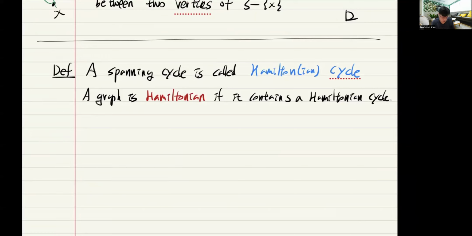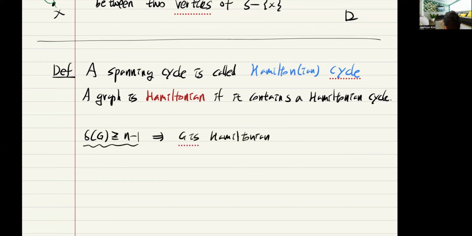If we know that delta is the minimum degree of G, then you can find a cycle of length at least delta plus 1. So that implies that if the minimum degree is n minus 1, G is Hamiltonian. However, this is too strong a condition. This implies that G is a complete graph.